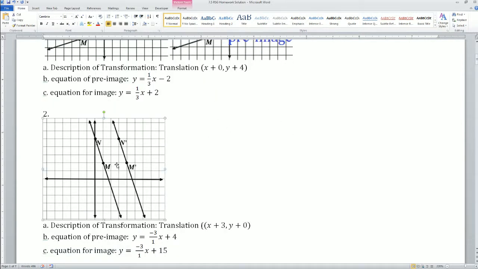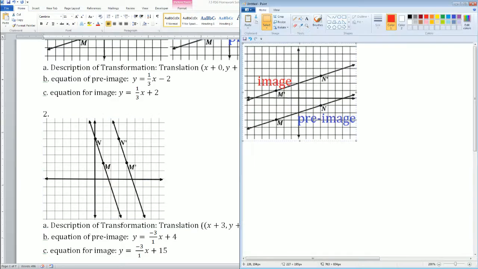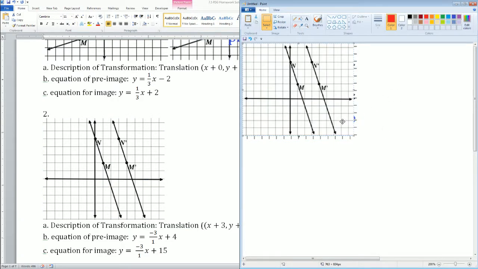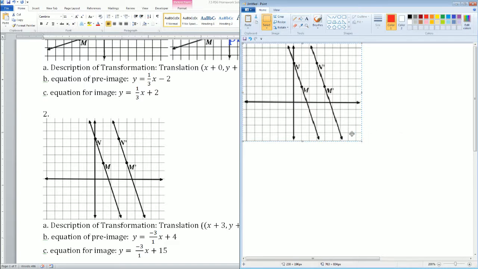Good. You have number 2 here. Alright, so it looks like that. Let's take a look.